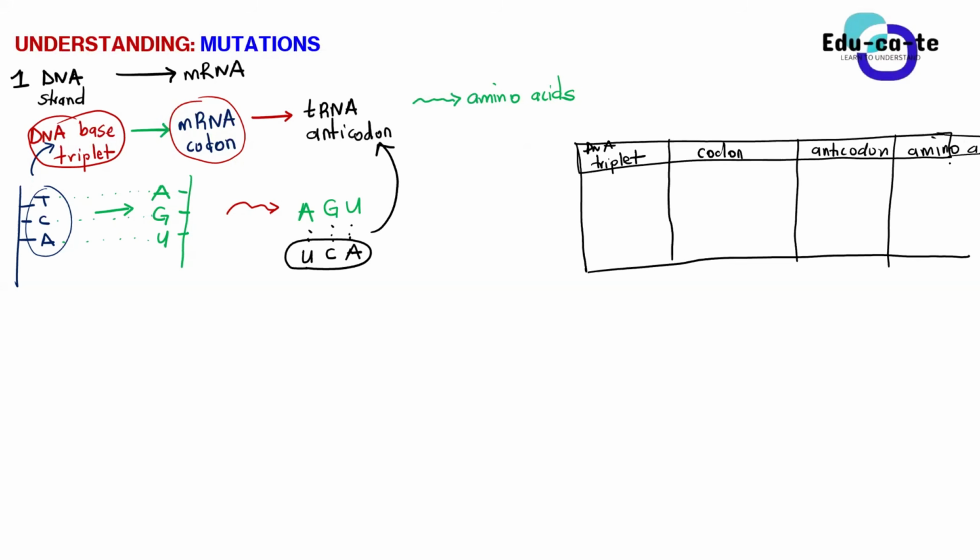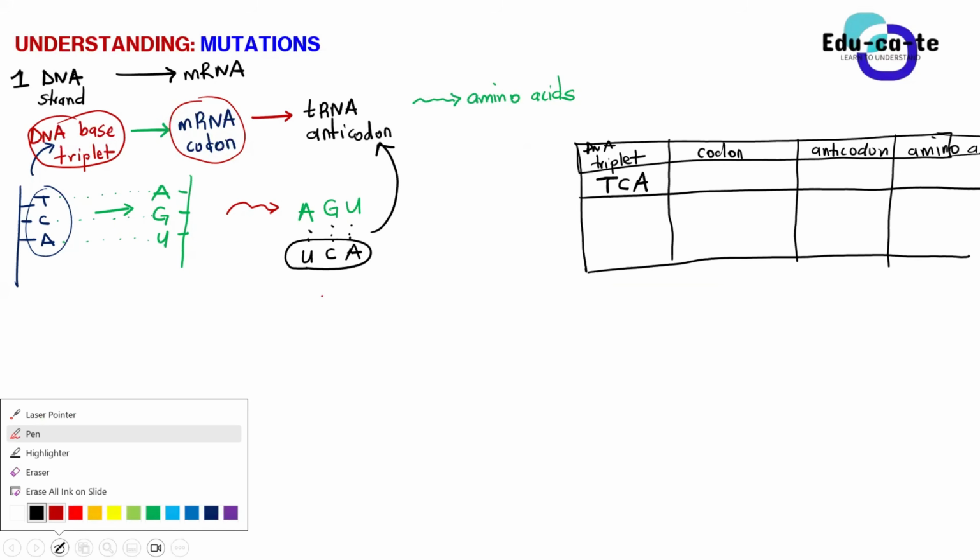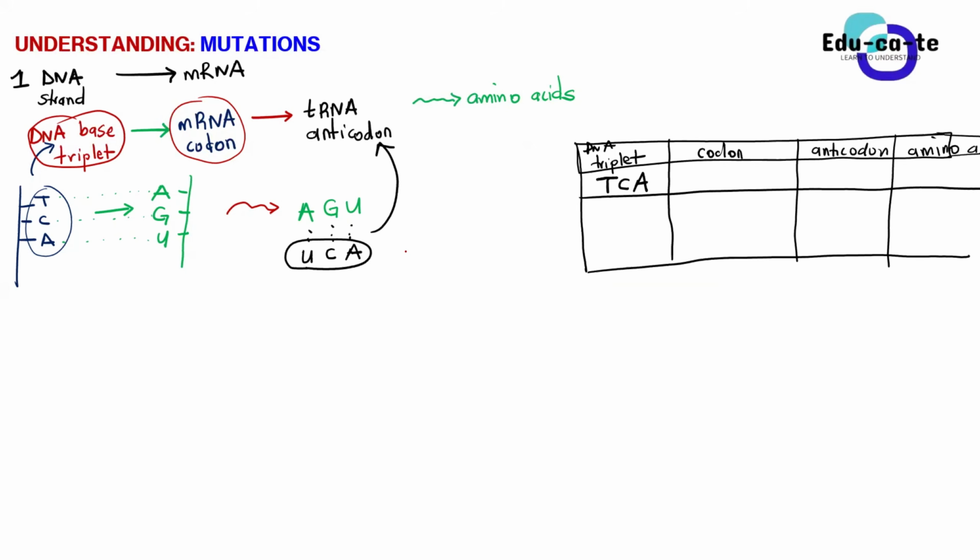The DNA base triplet that we used was TCA, so they will write TCA. The codon produced from this DNA base triplet we found is AGU.